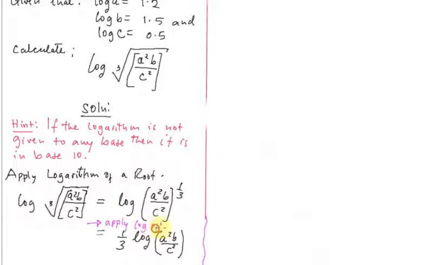When you apply logarithm of power, the whole exponent is taken to this position here. That's why you see it here: 1 over 3 log of a squared b over c squared.